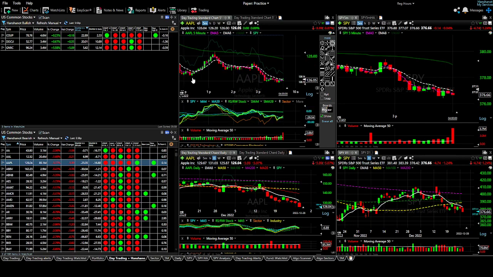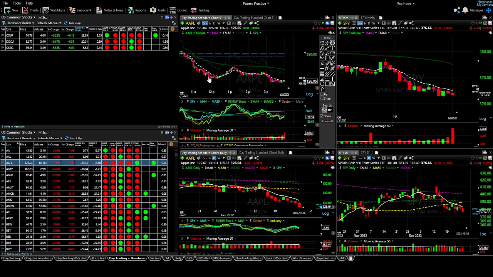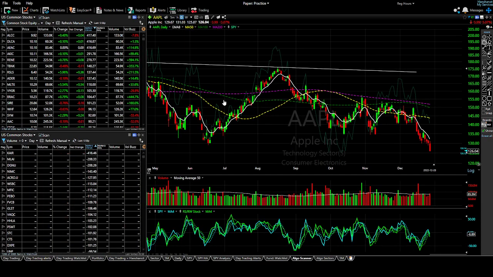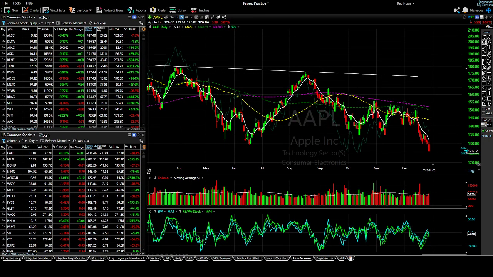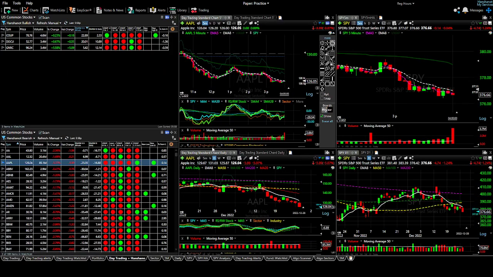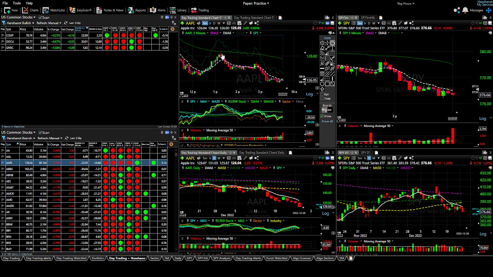Okay, so if I went on Apple, for example, and it was like here, and I was like, damn, I missed it. I can just flag it. And for example, go do my little algo lines, blah blah blah. Then once every 5 minutes I can come back and I see Apple is near the VWAP because it's showing a green one here.